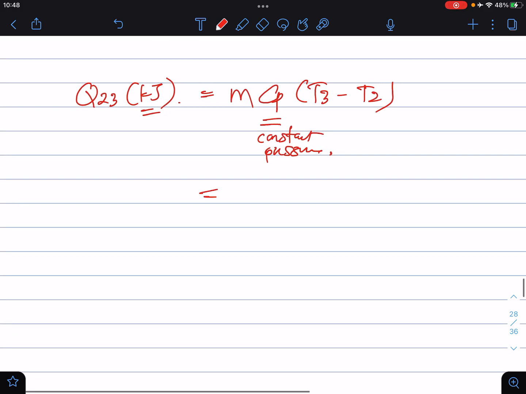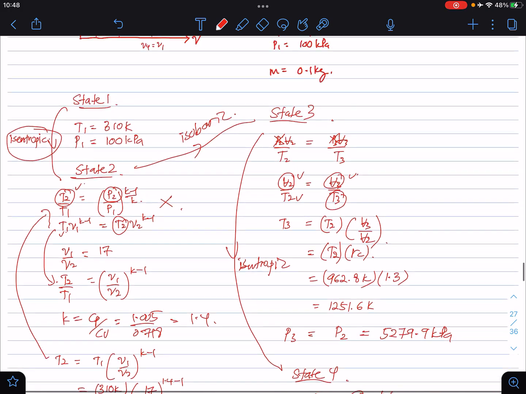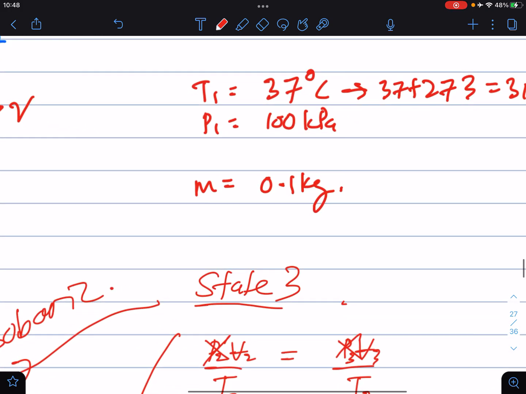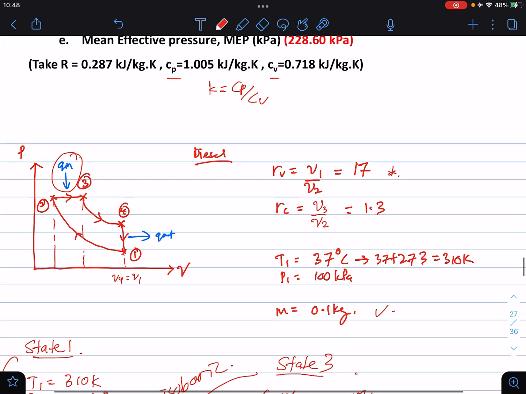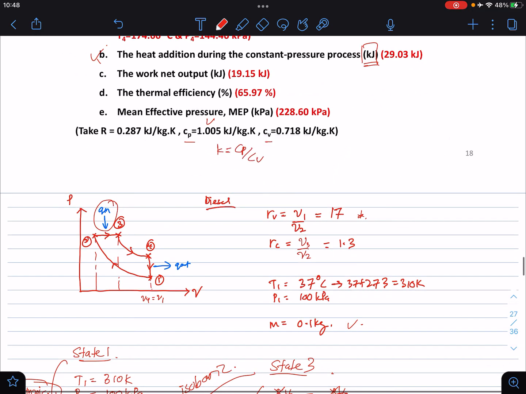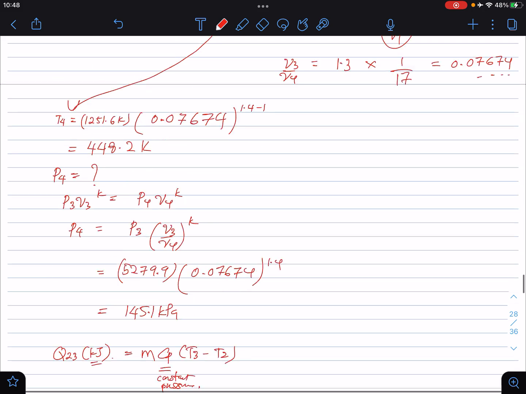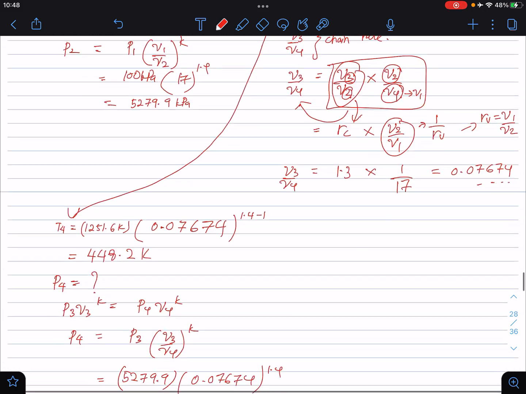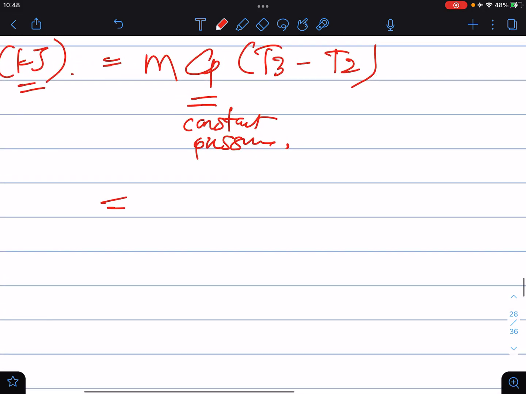Okay, so the mass given in the question is m equal to 0.1 kg. The Cp is 1.005, so we just use here 0.1 kg, Cp is 1.005.